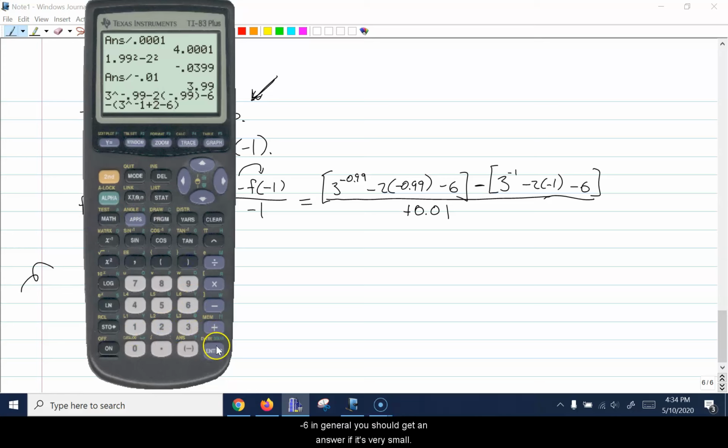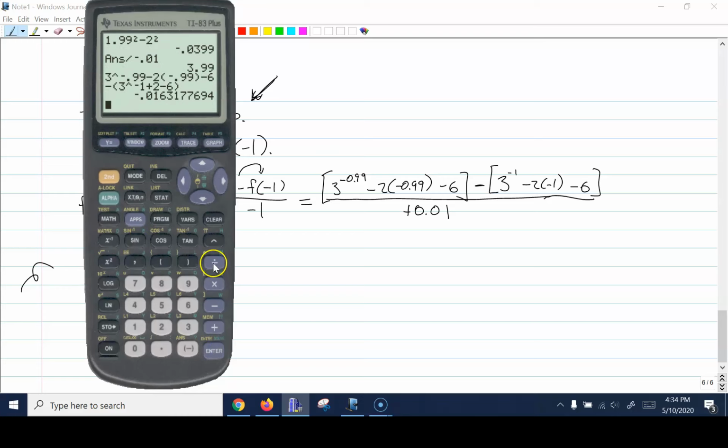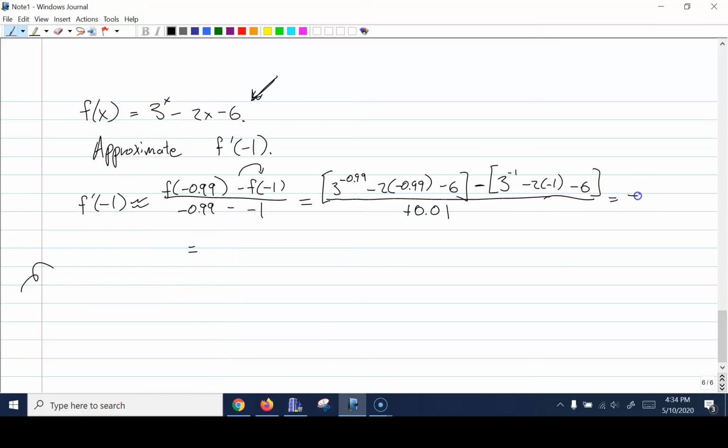In general, you should get an answer that's very small. I got -0.01, but I'm going to divide that by 0.01 to cancel it. And I get -1.63. Seems like the derivative is about -1.63. Do I know these digits are accurate? I don't. I have really right now no idea how accurate this is.